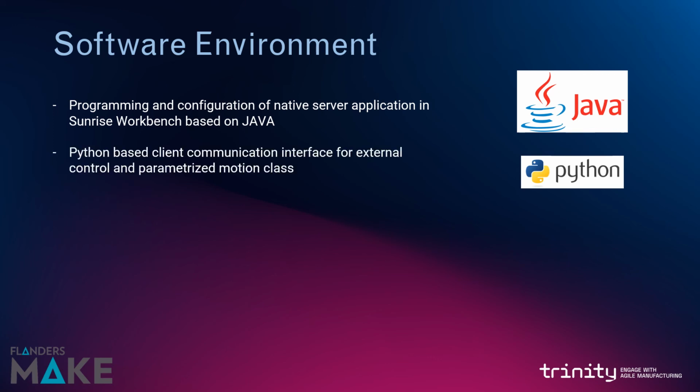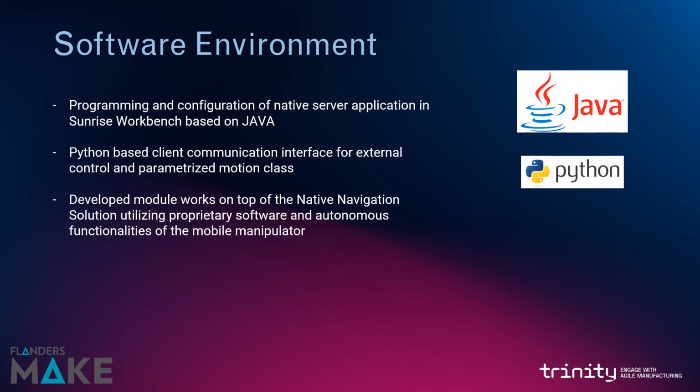The external control interface is implemented in Python programming language, which uses Flask API for setting up web interface and Socket API to establish communication over UDP protocol to send and receive messages across the network.